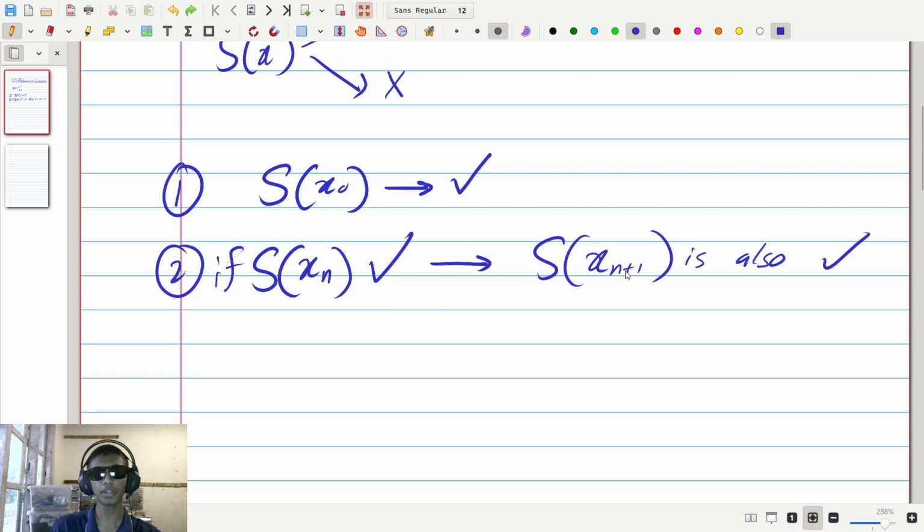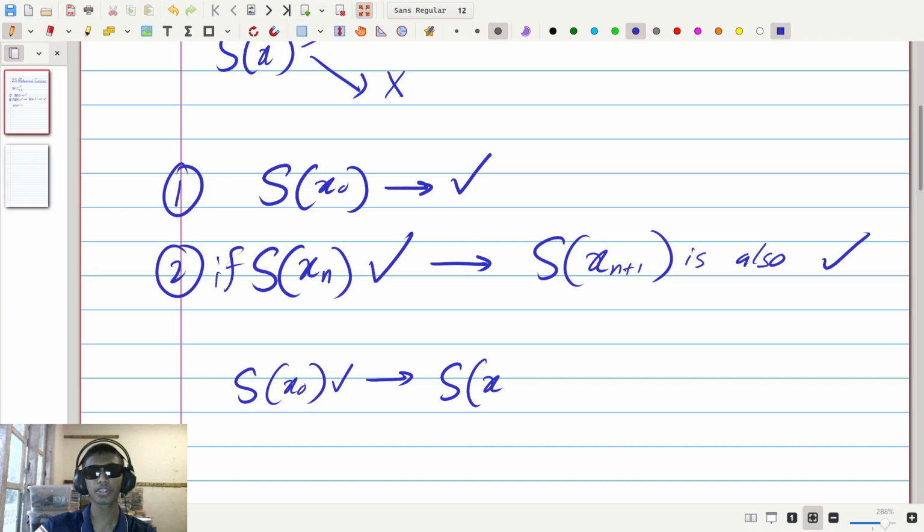Using these two principles, what we can see is that if S of x0 is true, it implies that the next value of x, as in S of x1, is also true. And then if S of x1 is true, it implies that S of x2 is also true, which then implies that S of x3 is true, which implies that S of x4 is true, and so on.